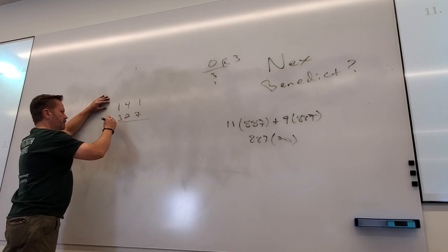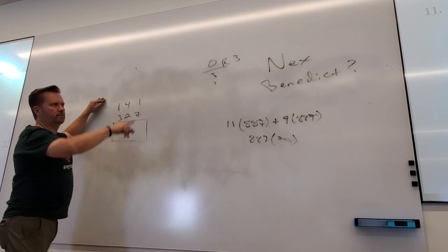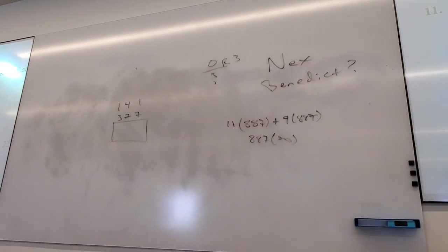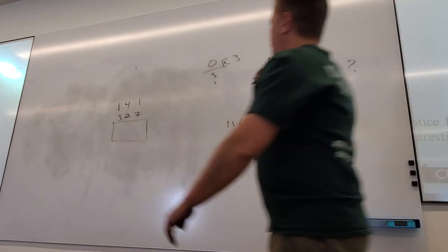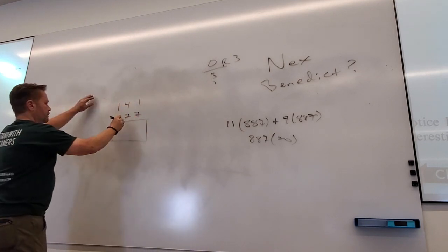The idea is, I construct this table. Let me put a problem up here so you guys can see a better representation of the table. So there's the look of it, right?